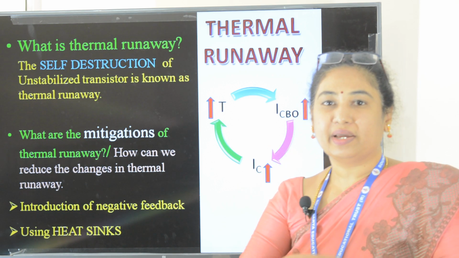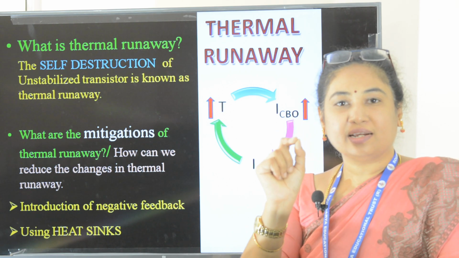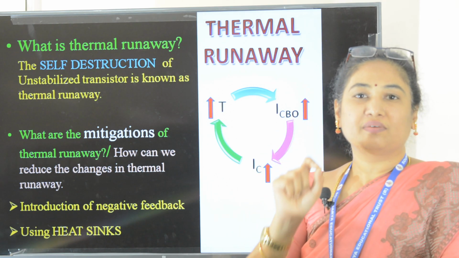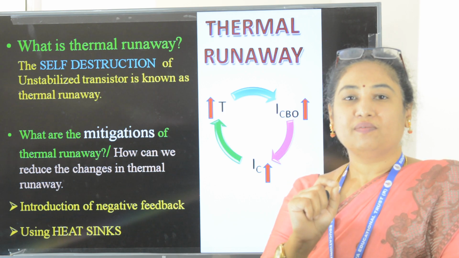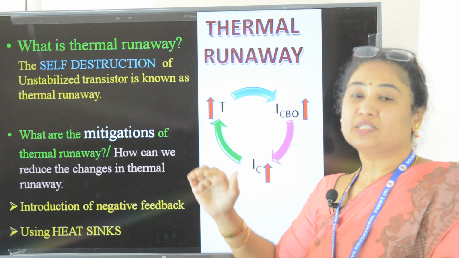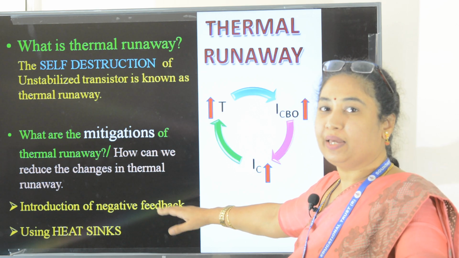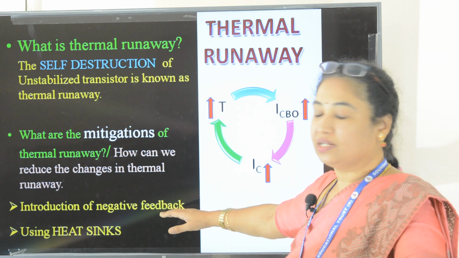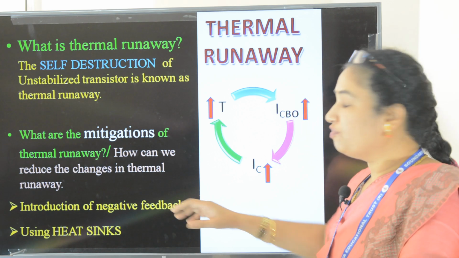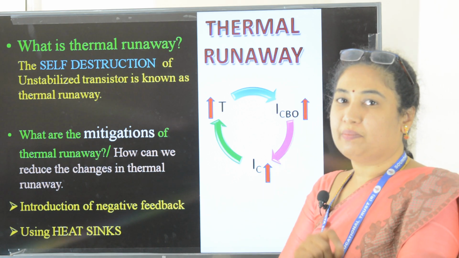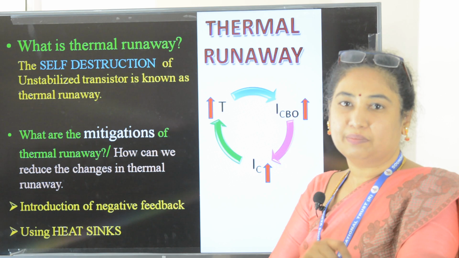In voltage divider bias, we have a resistor connected across the emitter terminal with respect to ground. This will provide negative feedback, and it can make the transistor stay in a stable condition. So the introduction of negative feedback is one of the measures which will avoid thermal runaway.